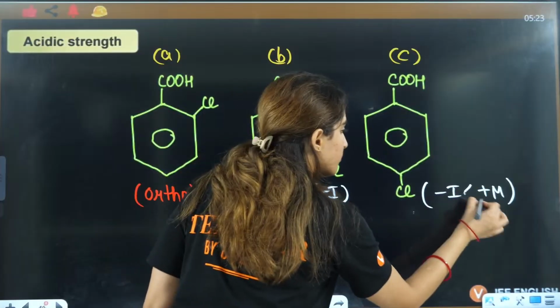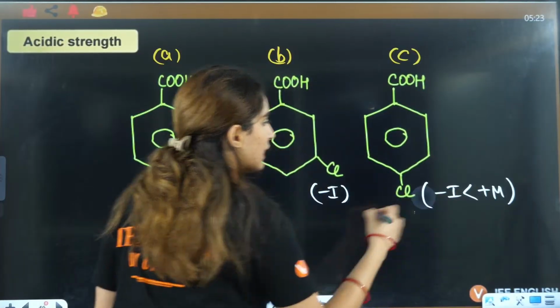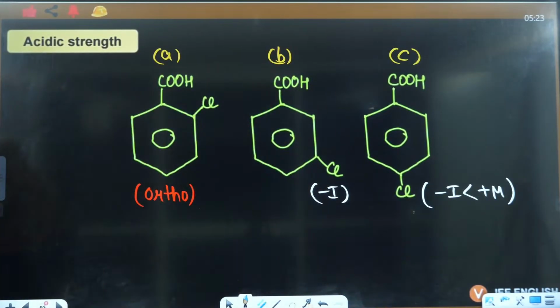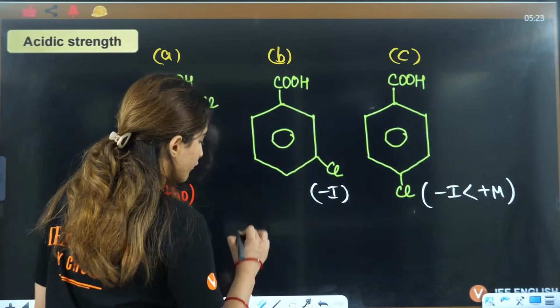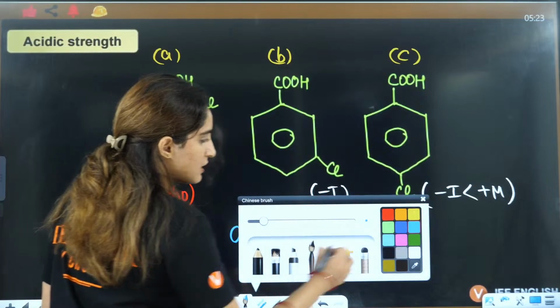Now tell me, based on this, A you can tell is definitely more acidic. But what about others? Yes, everybody, in the chat box. Right? So here, because of ortho effect, A is most stable.